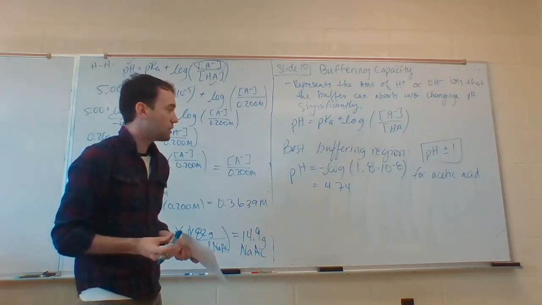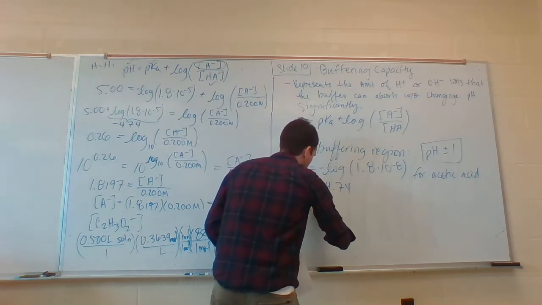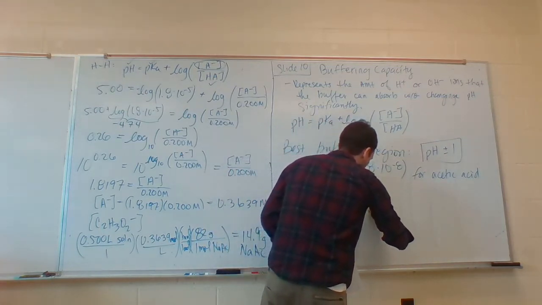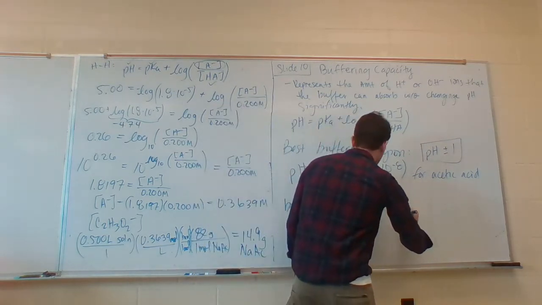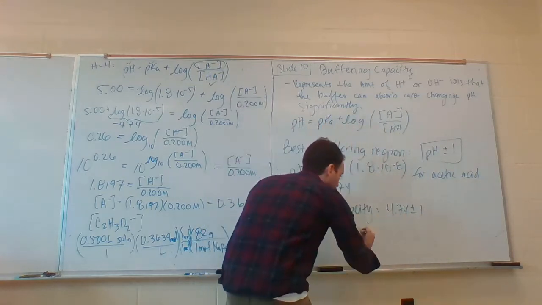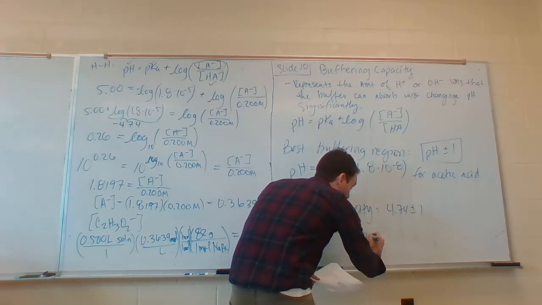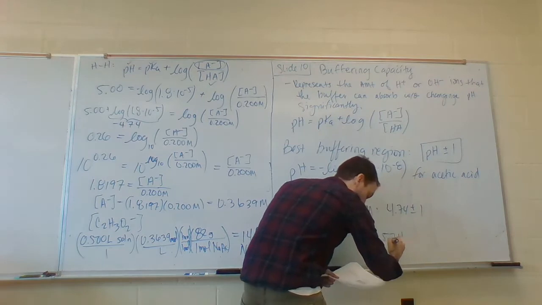If we found that our value was 4.74, then that means that our buffering capacity is going to be this pH, the 4.74, plus or minus 1 value in pH, which is going to be anywhere from 3.74 all the way up to 5.74, okay?